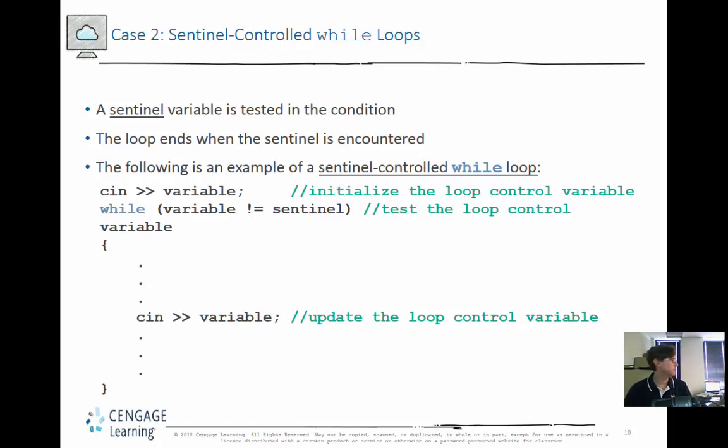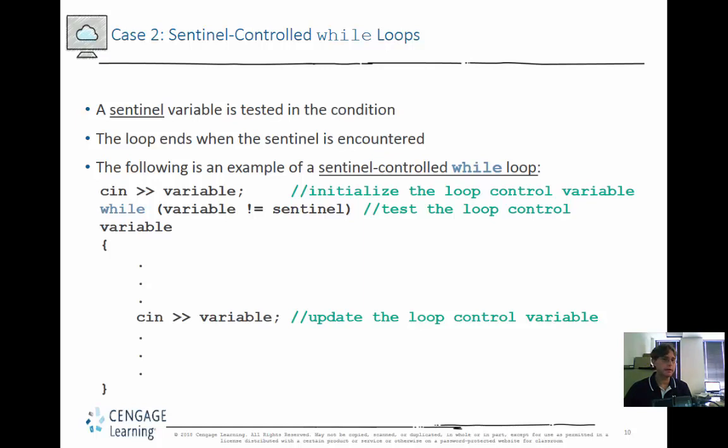The sentinel value is some kind of special value that signals that we want to exit out of the loop. What you usually want to do is choose a sentinel value that's not a possible valid value for the input variable. Okay, this one will make more sense when you see an example.